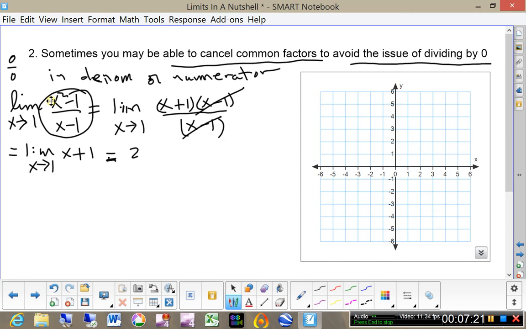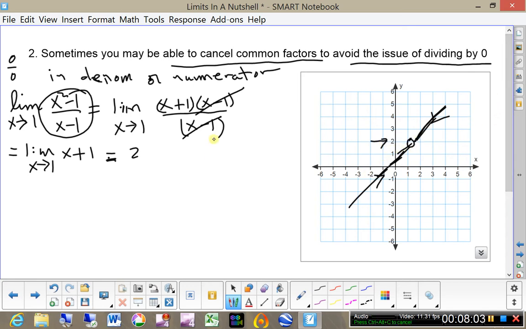Now if you plotted this function, first of all, the function is undefined at x equals 1, so we're going to put a hole in it. But everywhere else, the function looks like a straight line, just like this. And you can see that as you come down from the right or from the left, the function is getting closer and closer to 2.